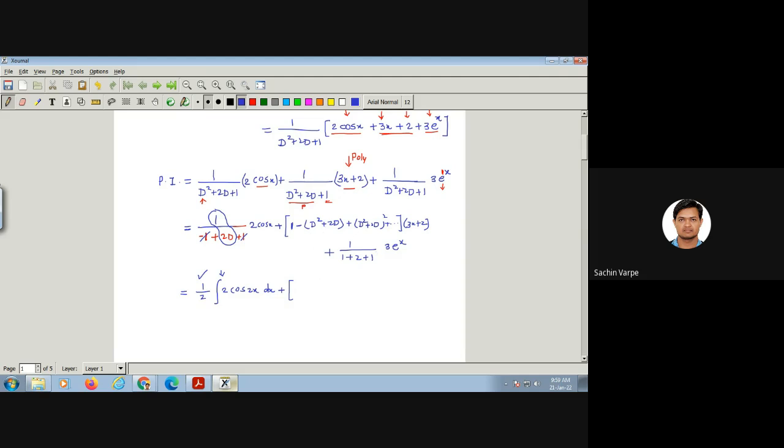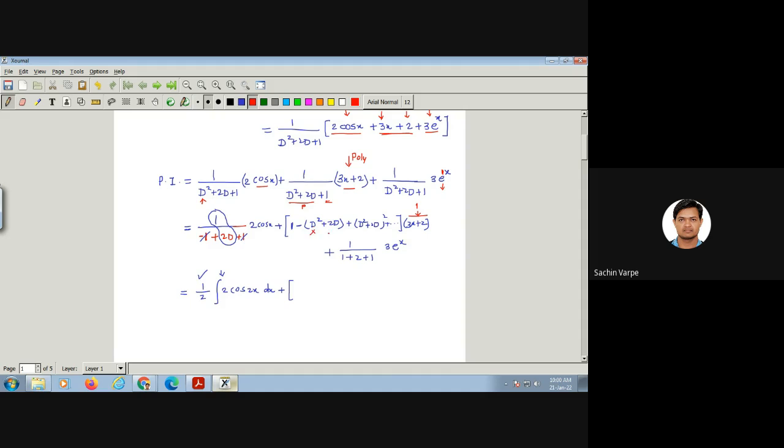powers of D. So up to the power equal to the degree of the polynomial, we have to consider the terms of D. So what is the degree of this polynomial here? Yes, 1. The degree of the polynomial is 1. So we consider the powers of D up to 1 only. So what are those terms?